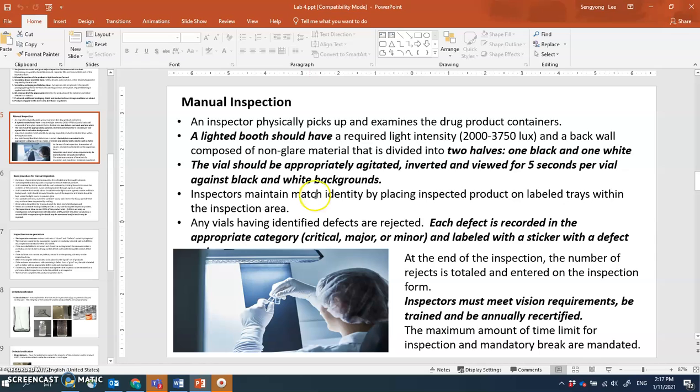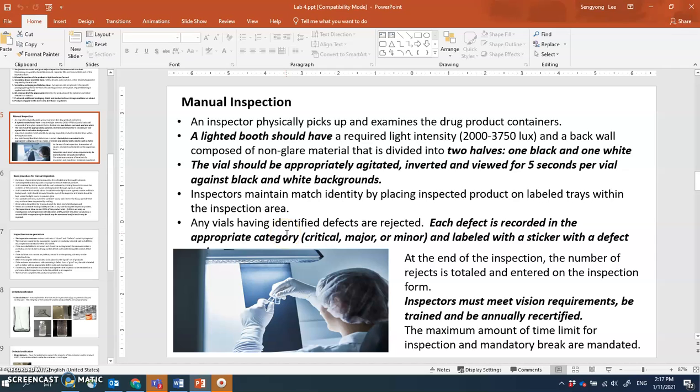Inspectors maintain match identity by placing inspected product on the labeled trays within the inspection area. If there's no problem, move it to the right categorized area. It's passed. If there is a defect, then you have to move the identified defects to the right area. Any vials that have identified defects are rejected. If you identify them, they are not passed, they will be rejected. Each defect is recorded in the appropriate category.